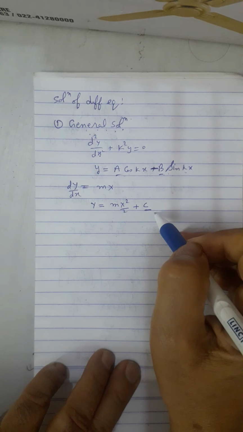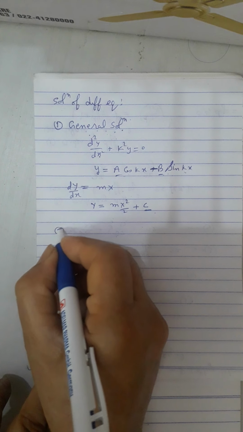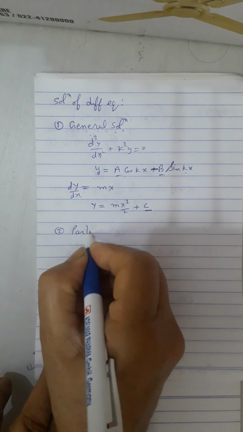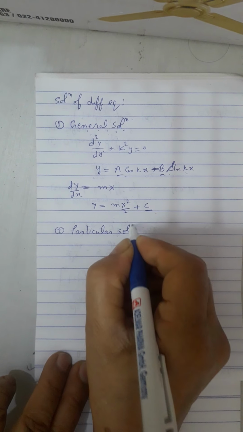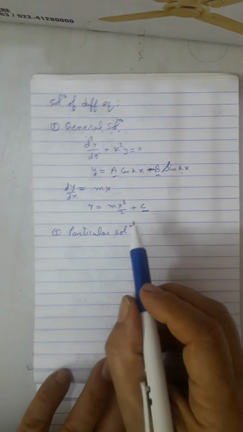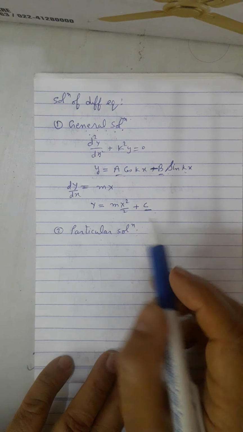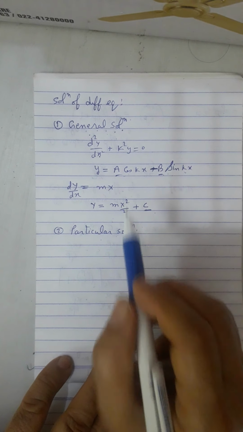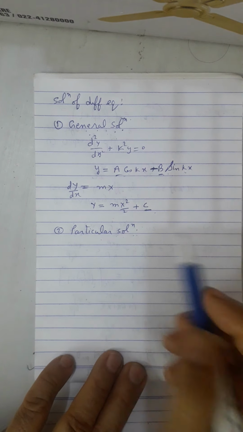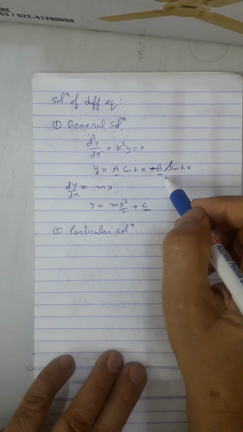So these are called the general solutions. Then the second solution is the particular solution. As the name indicates, if these constants are given some particular values, then these solutions are called particular solutions. For example, in the first example there are two constants.